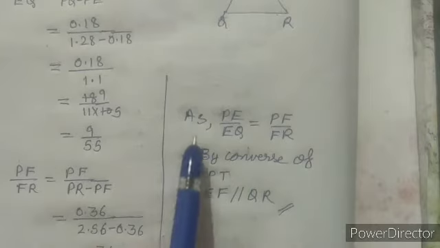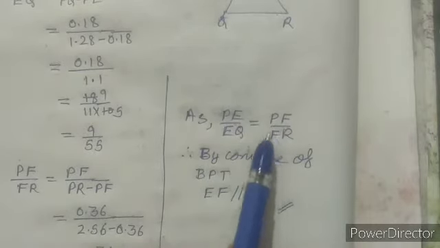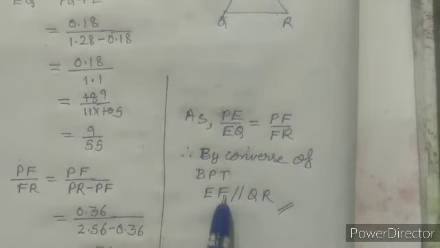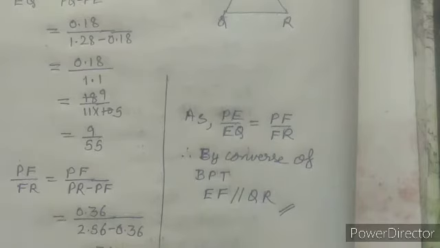And in case the ratio doesn't come equal, then EF will not be parallel to QR.